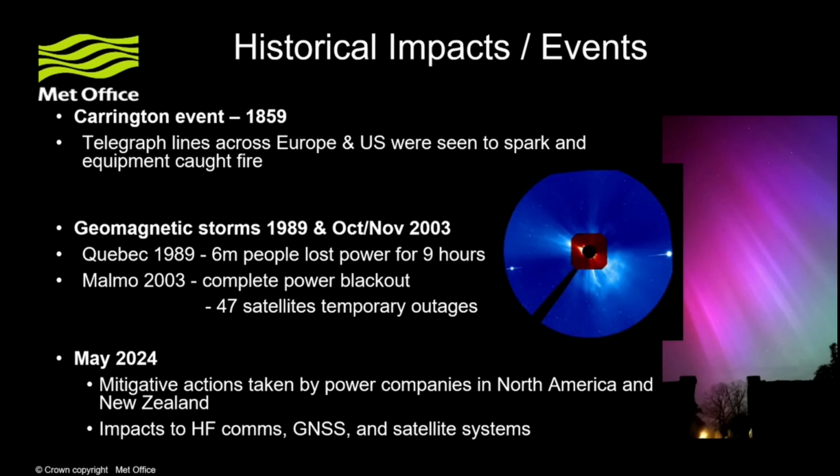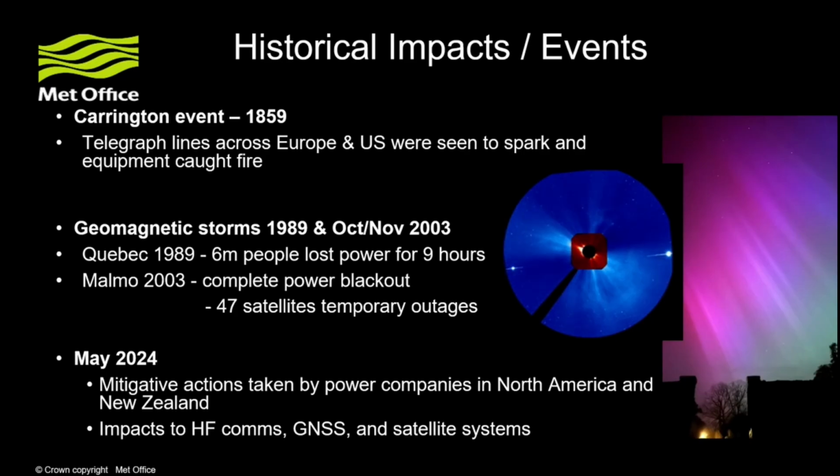And then back in May 2024, we had a reasonable space weather event. It was ranked as G5 on a scale of 1 to 5. It was the first G5 that we'd seen in about 20 years. And although it was nothing on the scale of a Carrington event, we did start to see impacts, particularly to technologies.